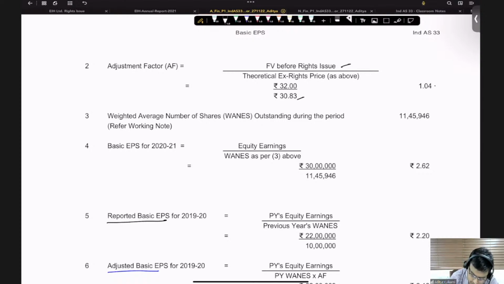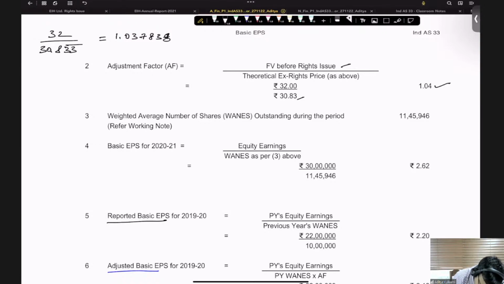So what you get is 1.04. If you have a calculator, take 32 divided by 30.8333. What you are going to get is actually 1.037837, etc.